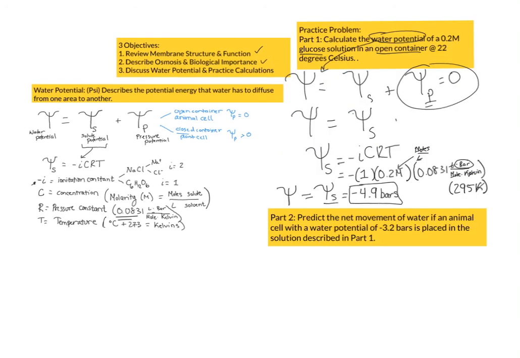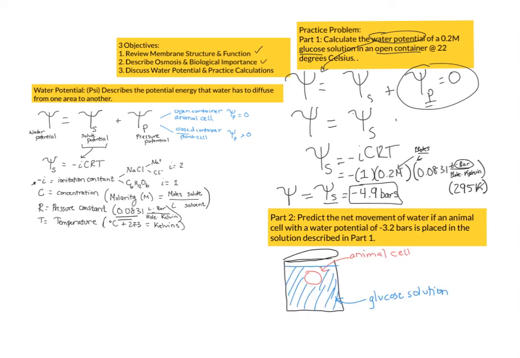Okay, so part 2 is keeping that in mind, the solution inside this open container has a water potential of negative 4.9 bars. If you have an animal cell placed into that solution, predict the net movement of water. So let's first draw a diagram here. Okay, so we know that we have an animal cell placed inside of this glucose solution, which is in an open container.